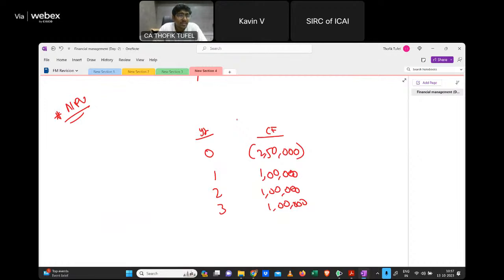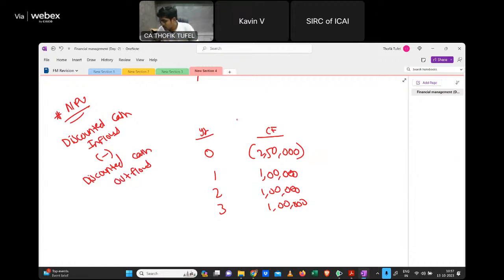Net present value is discounted cash inflows minus discounted cash outflows. This is what is the net present value.